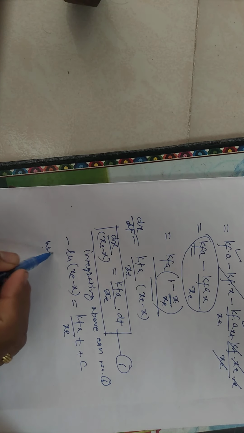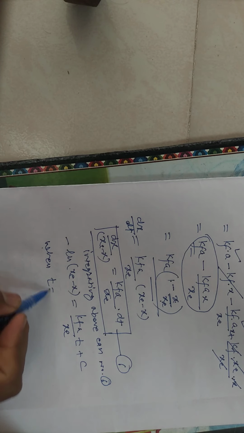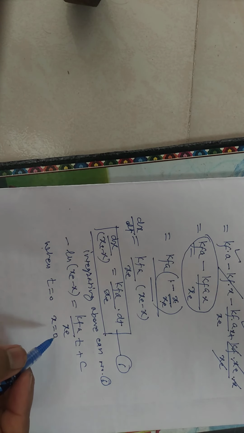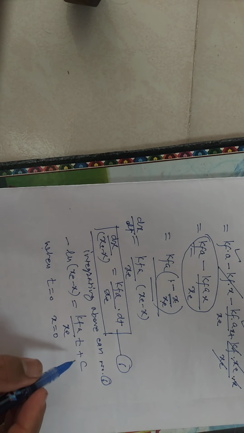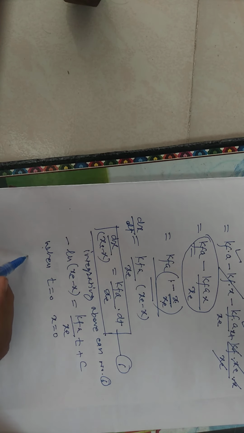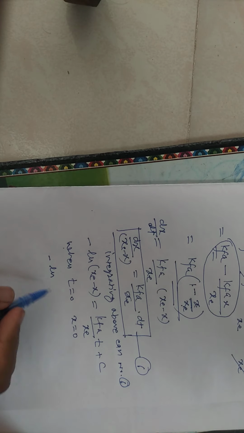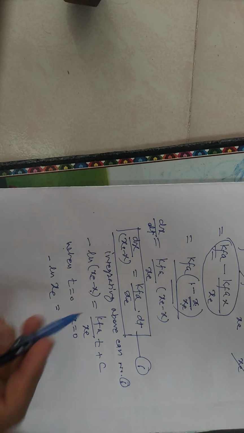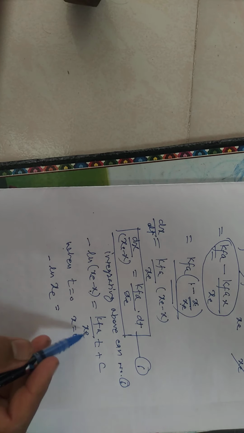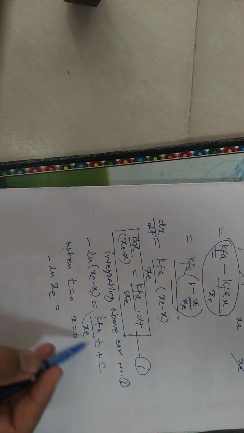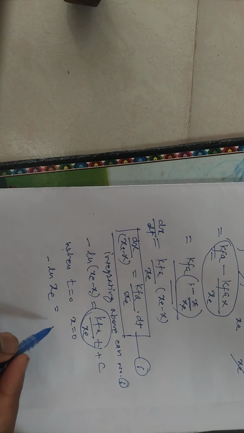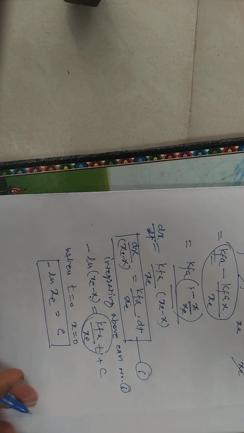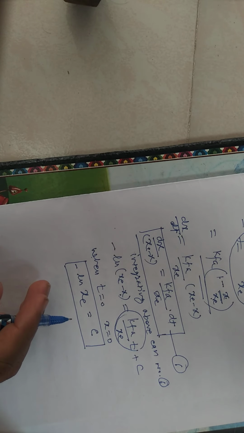Now applying the condition for integration, when t is equal to 0, the concentration of x should be 0, so the above equation becomes minus ln xe. We have to put x equal to 0, so it becomes only xe, that is equal to, now you have to put t equal to 0, so this whole factor becomes 0, and it is simply c. So the value of the constant of integration is minus ln xe.